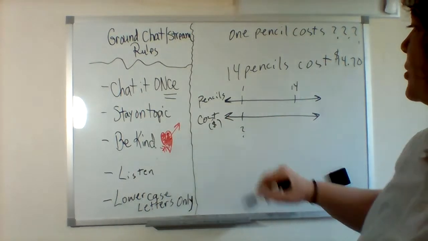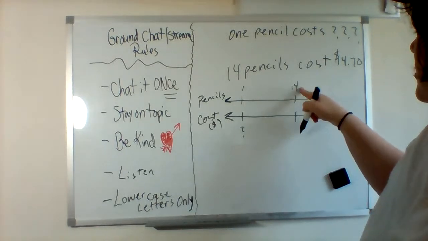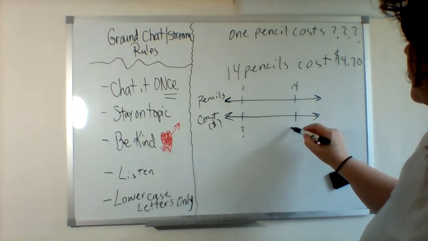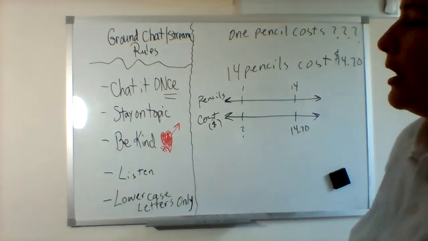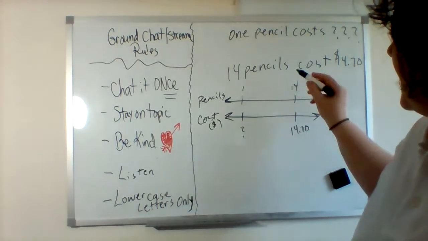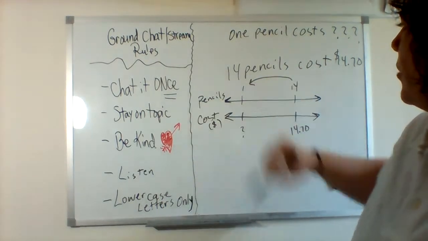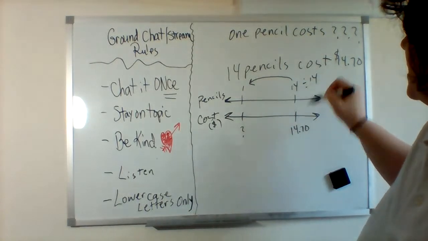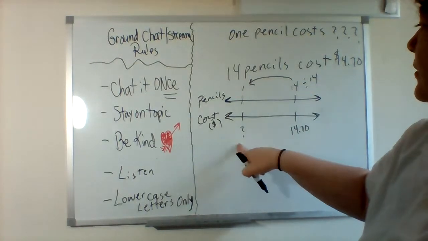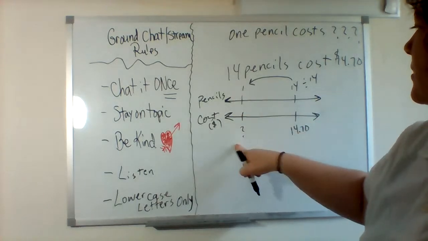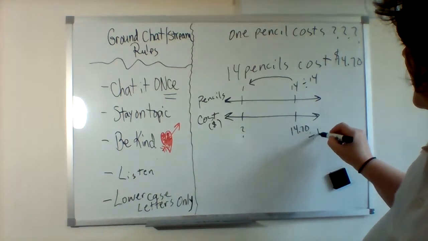I don't know how much is for one. I want to know that, but I do know that 14 of them will cost 14.70. So how do we get from 14 to 1? Don't we divide by 14? And if we want the equivalent ratio to be correct, we have to divide this by 14.